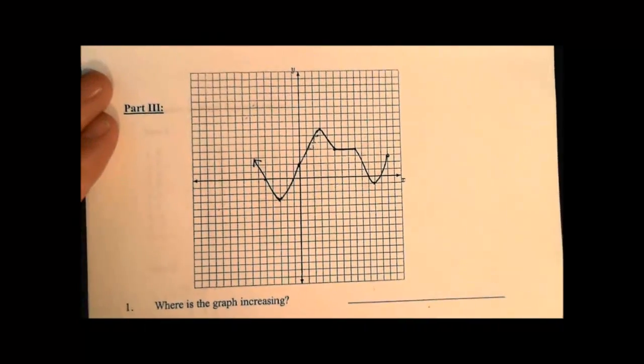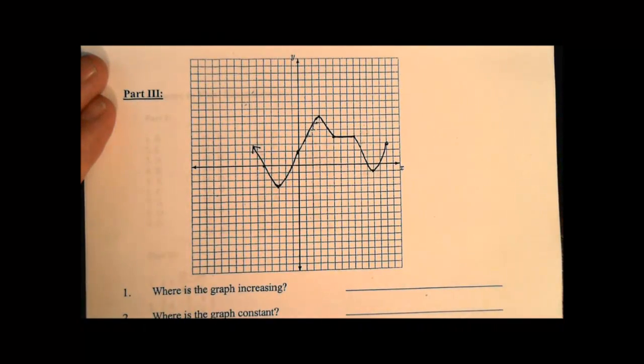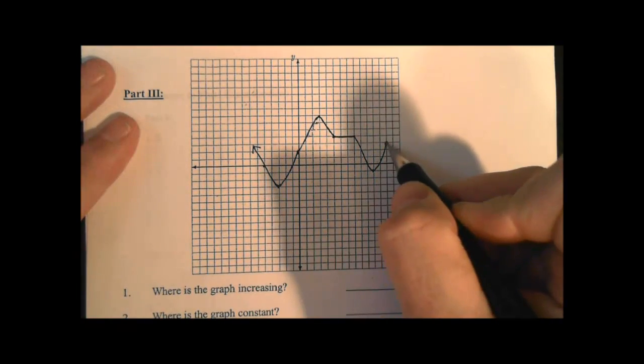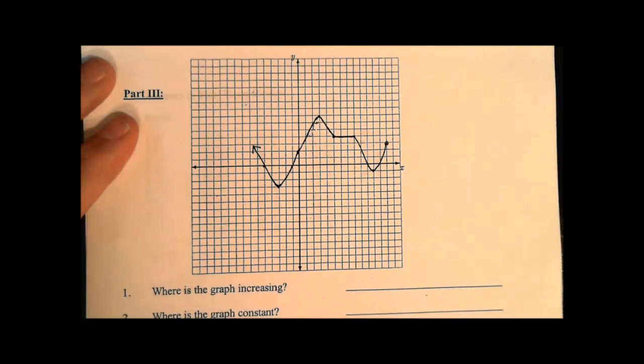And the last one here is this hinky little function. And we have various questions. Where is it increasing? And remember, this is a closed circle here, so this graph has limited domain. Where is it increasing?